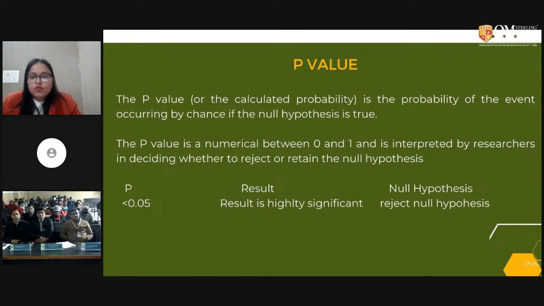Whenever we are running a test, we have to find the significance value or p value and then give the inference whether to accept the null hypothesis or reject it. Because it is a probability value, its value will lie between 0 and 1, and it will be interpreted by the researcher to decide whether they can accept the null hypothesis or have to reject it.